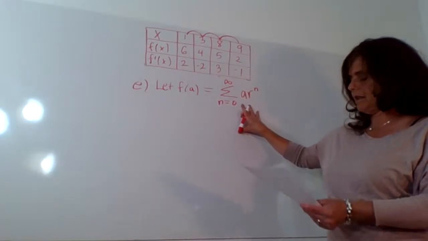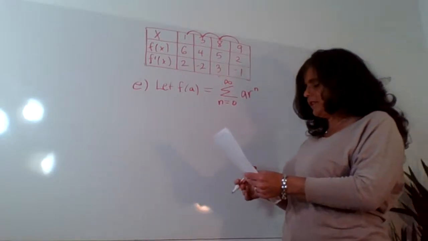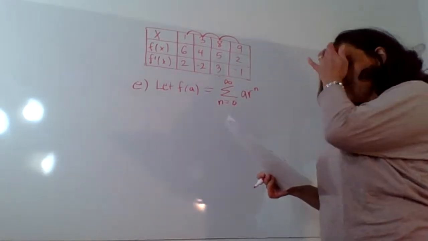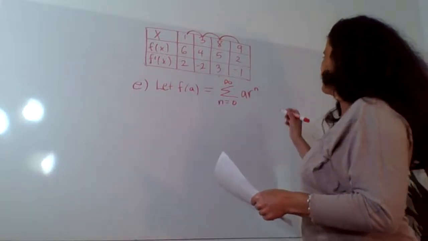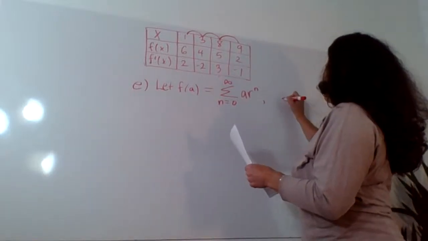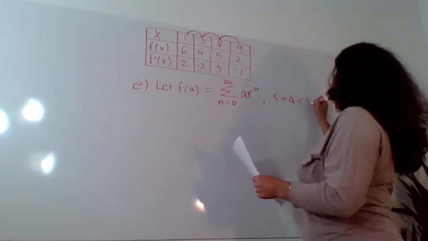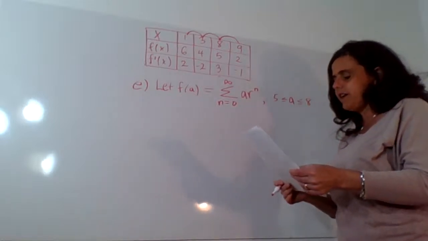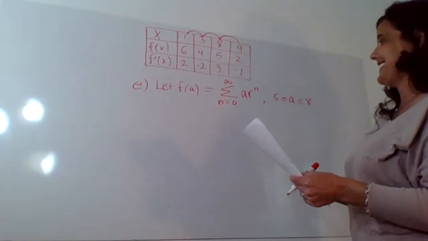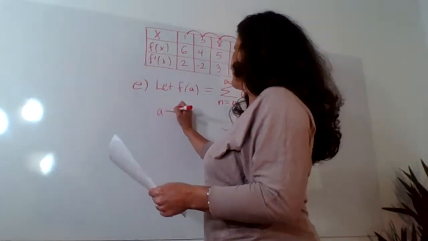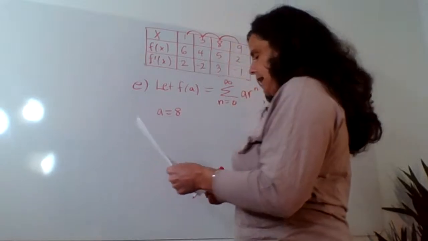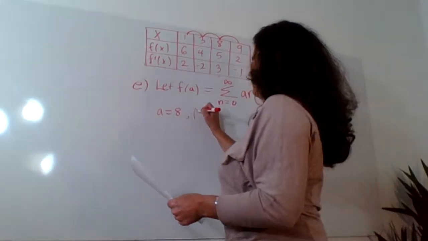That's the nth term of a geo series. And it says where A and R are constants and A is in the closed interval between 5 and 8, including 5 and 8. Find the value of R when A is 8. Okay, so A is equal to 8, and we want to find R.